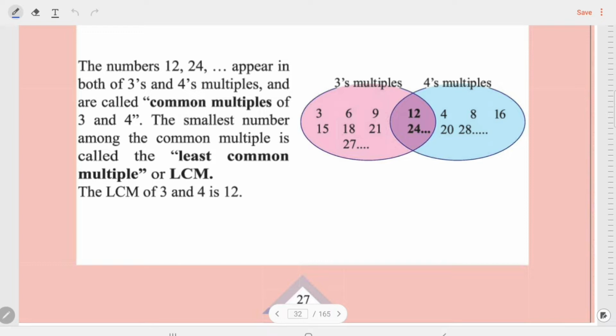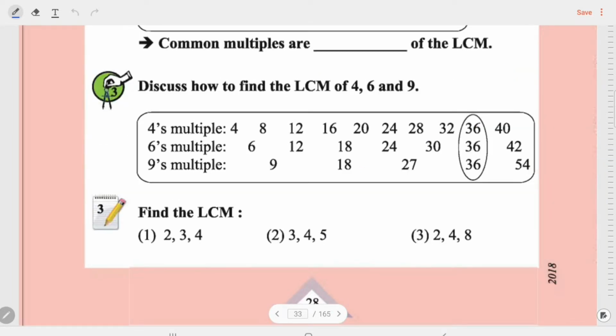The smallest number among the common multiples is called the least common multiple, that is called LCM. So the least common multiple of 3 and 4, which are co-prime to each other, is the product of those two numbers, that is 12. Got the point?